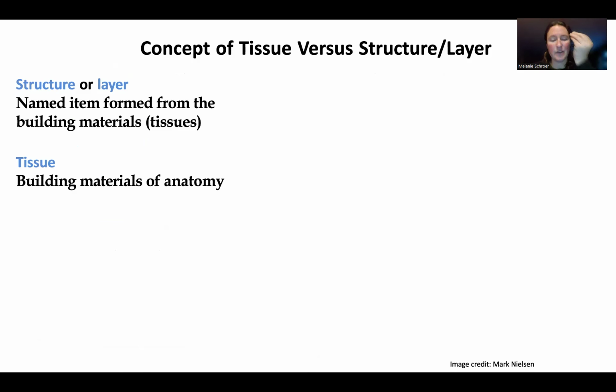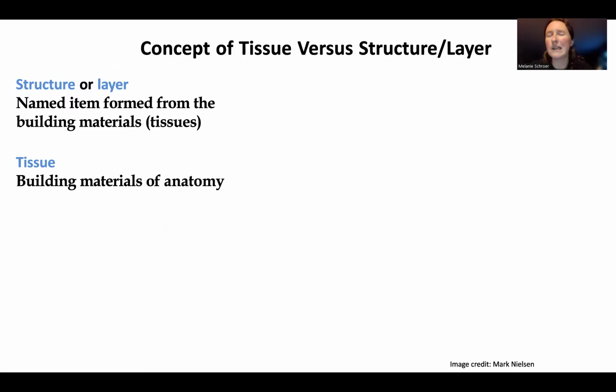So that is the shape, the structure of the tissue. So it's an item, right? Finger, right? A structure. But what is it made of, right? Like what is a finger made of? It is made of different tissues, right? It's made of bone, it's made of muscle, it's made of epithelial tissue, connective tissue, nervous tissue.